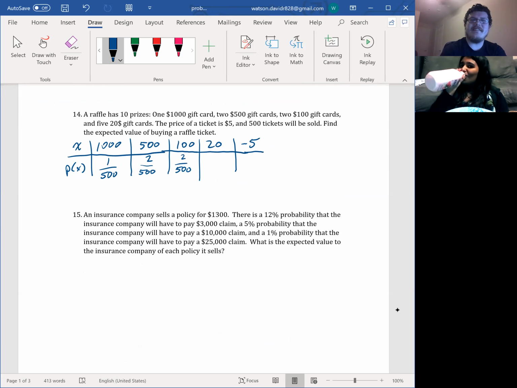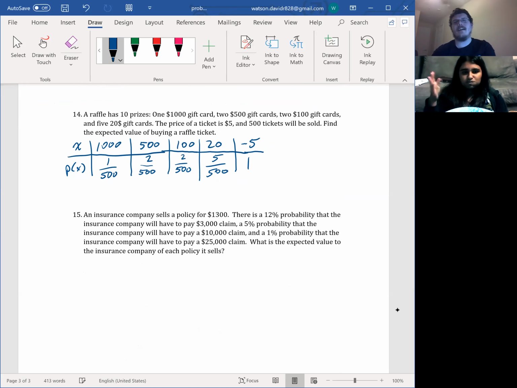God. All right. There's 5 $20 gift cards, so it's 5 out of 500. And then we're always losing the $5. We always got to pay for a ticket. So that is a probability of 1. Now we just multiply all these together.